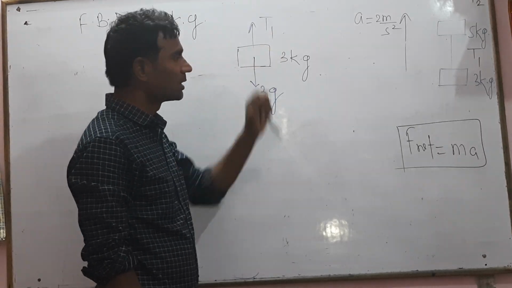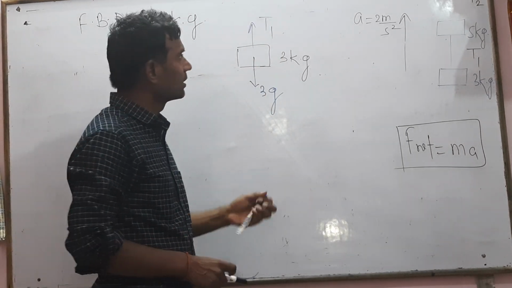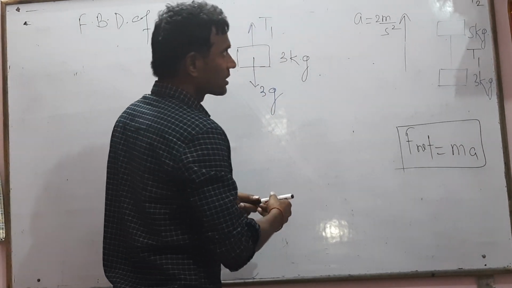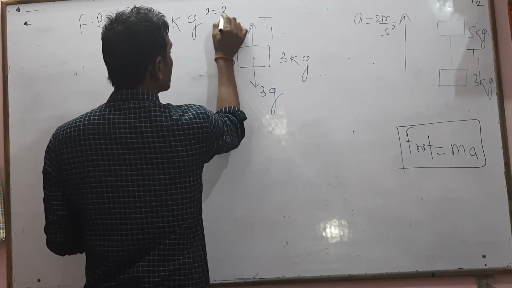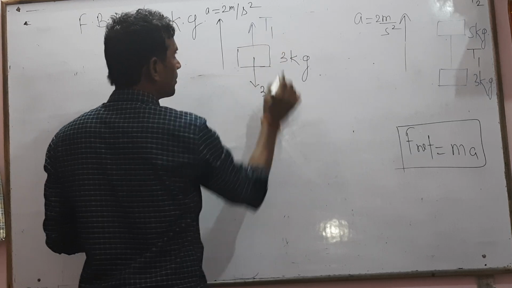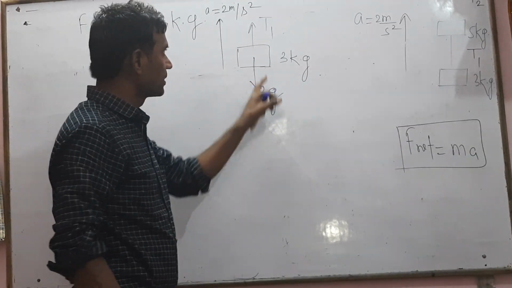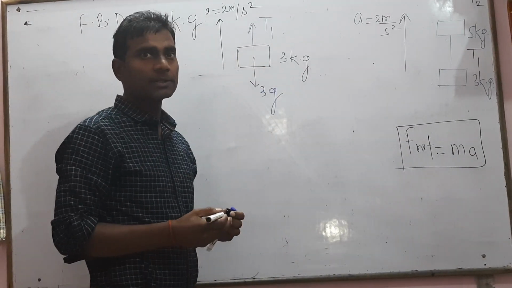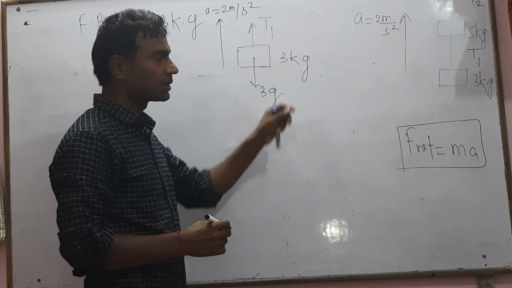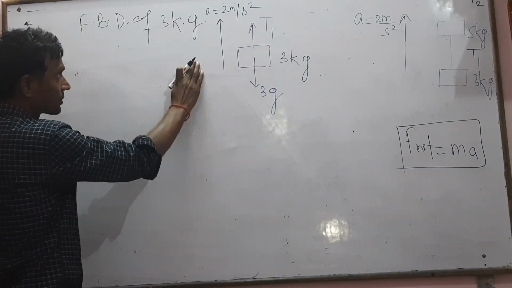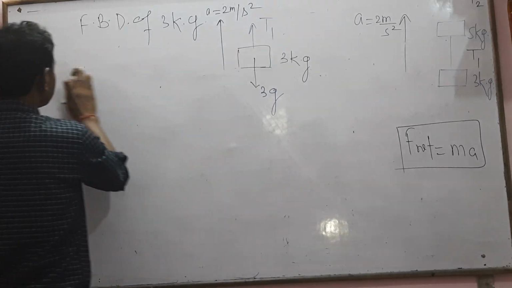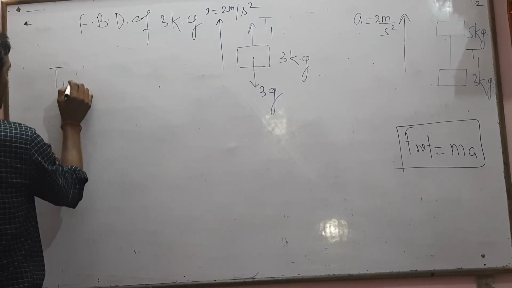This is the system. So the FBD of 3 kg will be this, and the whole system is going with acceleration a equal to 2 meter per second square. This implies that the 3 kg is also part of that system, so 3 kg is going upward with acceleration a equal to 2 meter per second square.